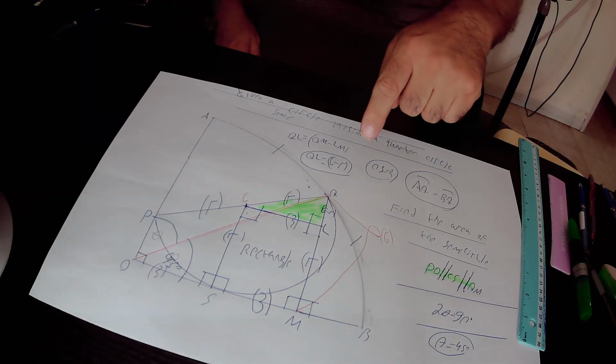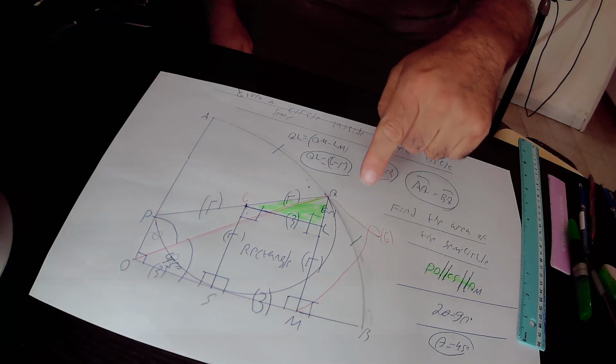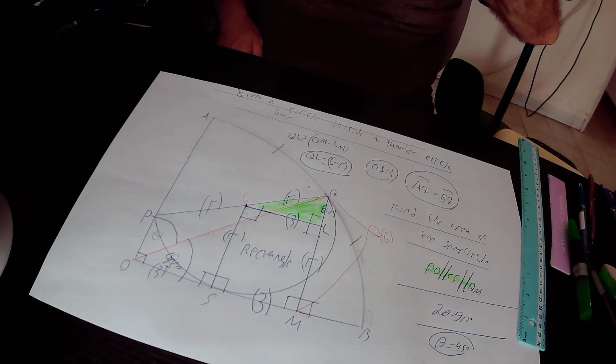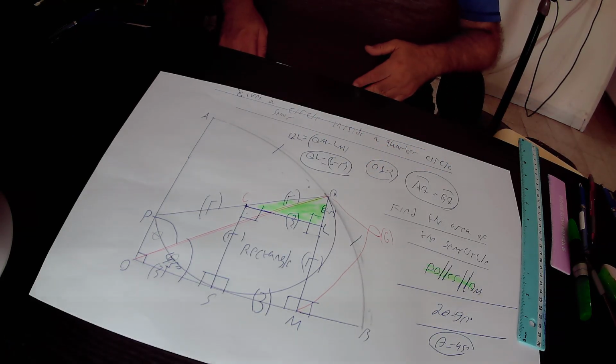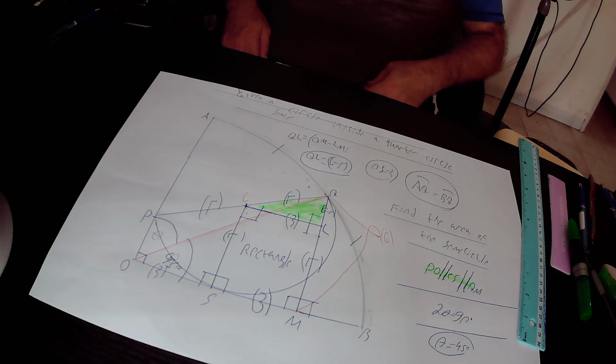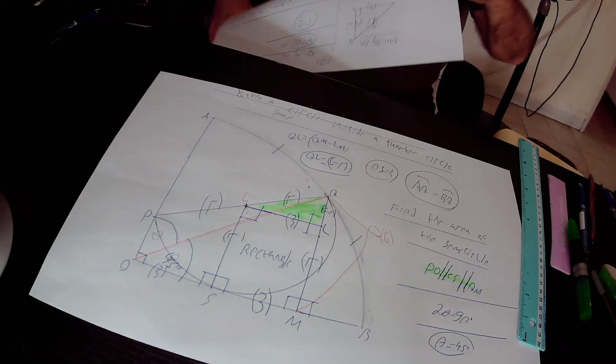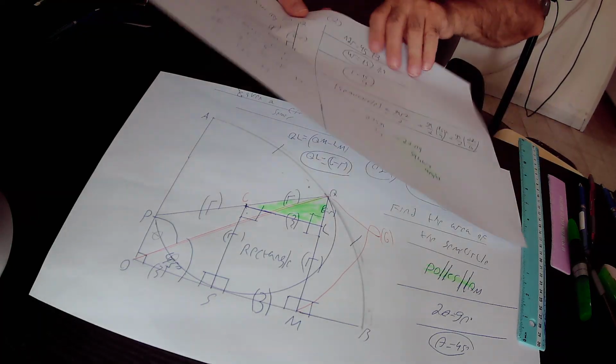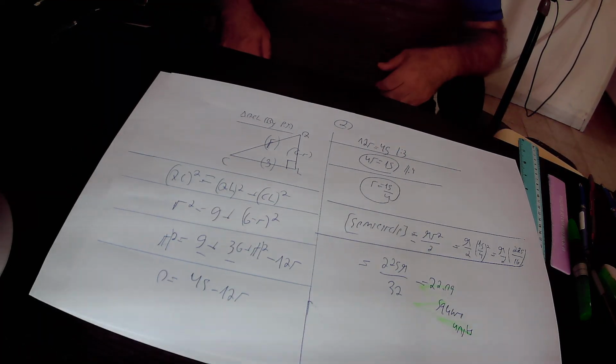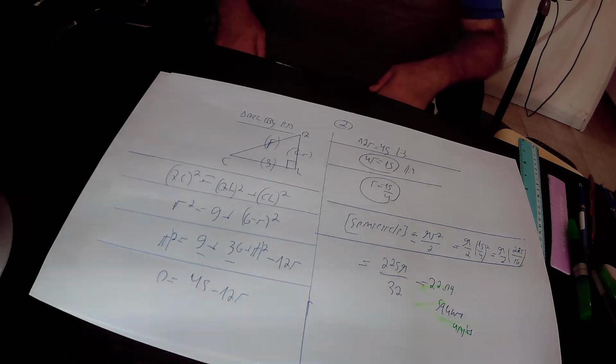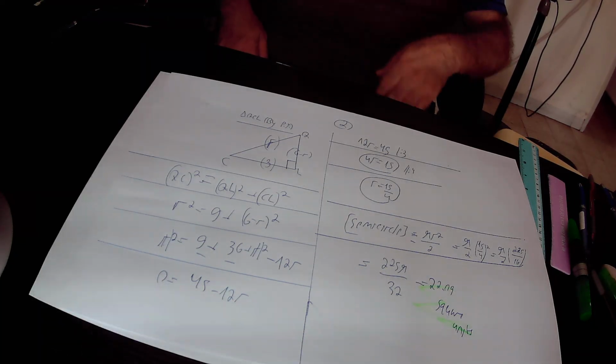In the next step, we take the right triangle QCL and implement the Pythagorean theorem. In a right triangle, the square of the hypotenuse equals the sum of the squares of the legs. So in this right triangle QCL, QC squared, the square of the hypotenuse, equals QL squared plus CL squared.